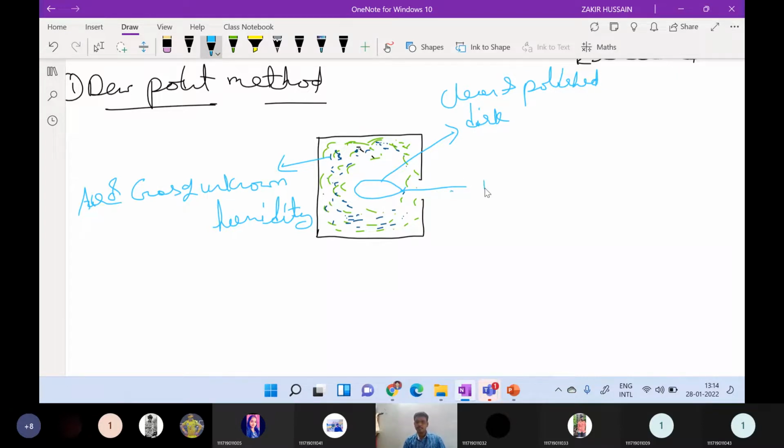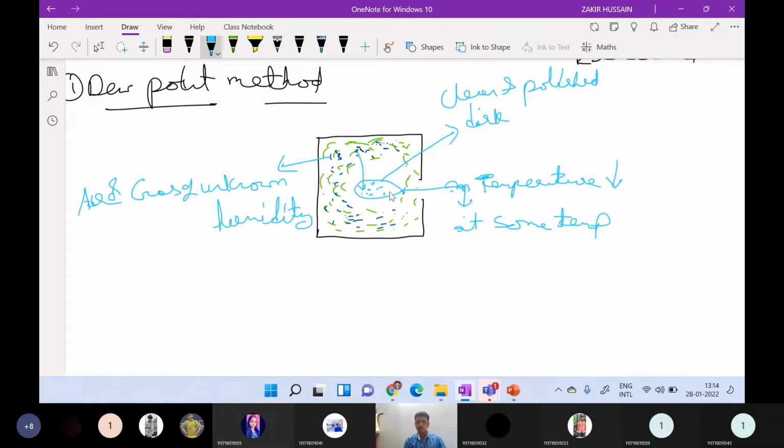Then what happens? We decrease the temperature. The temperature of the disc will be decreased gradually using some medium. After decreasing the temperature, at some point, at some temperature, suddenly the moisture that is there will condense onto the smooth disc like this.